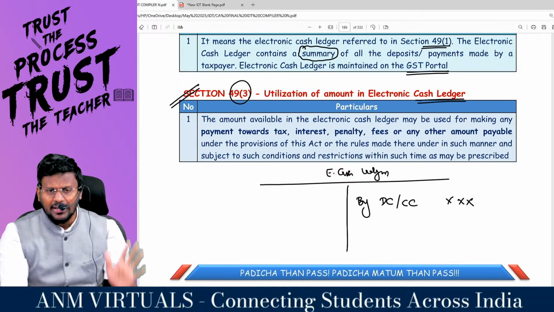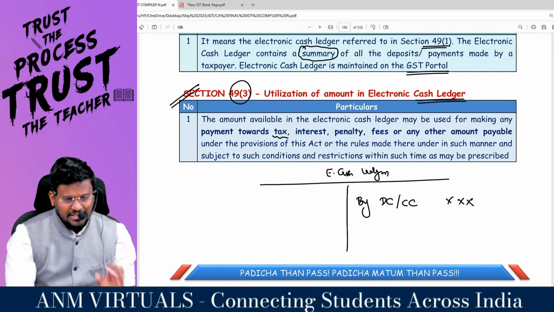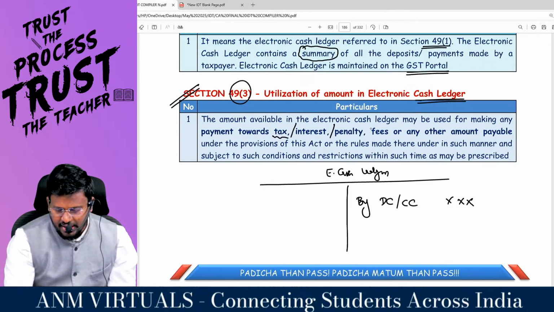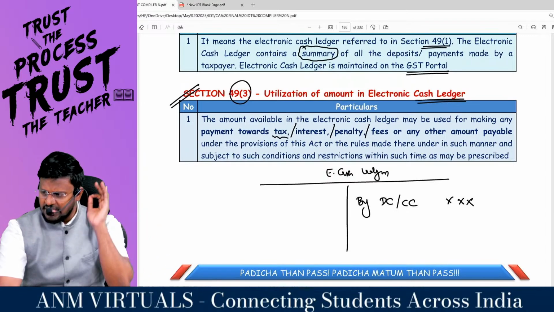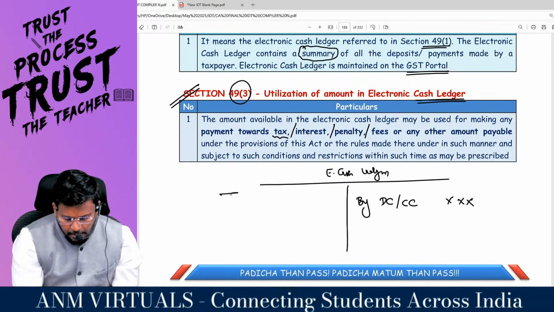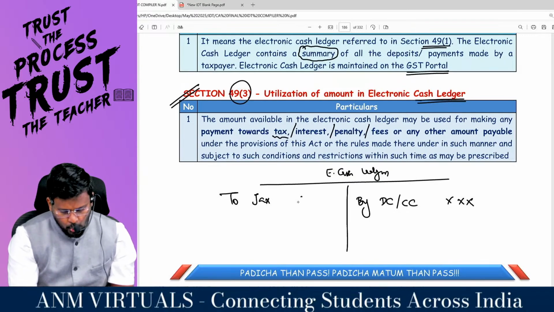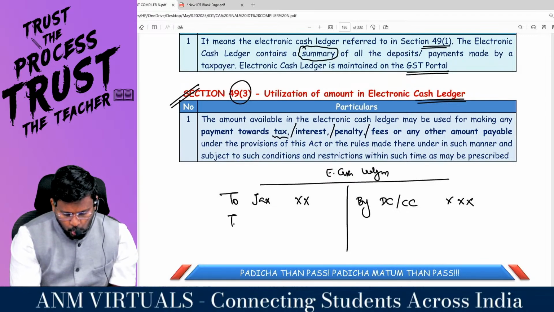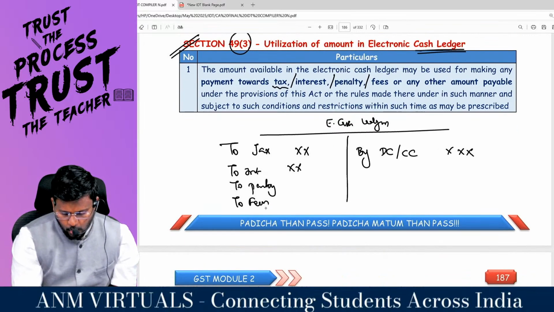The amount available in the electronic cash ledger may be used for making any payment towards tax, interest, penalty, fees or any other amount payable under the provisions of this Act. That means if you have a balance available in the electronic cash ledger, it can be used to pay tax, interest, penalty, fees, and other payments.